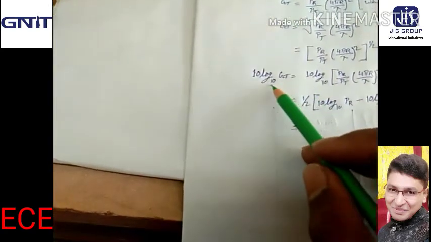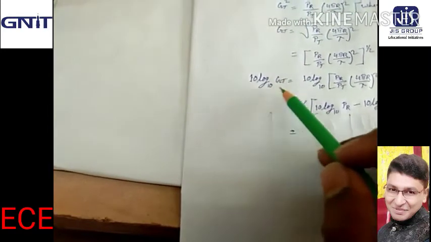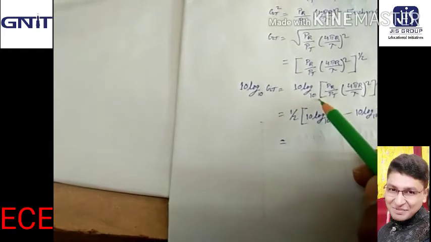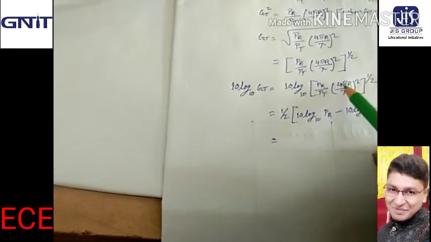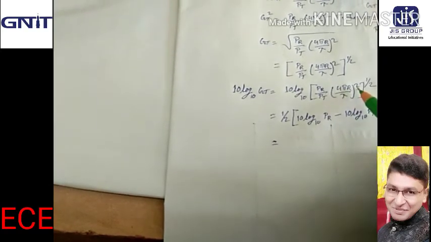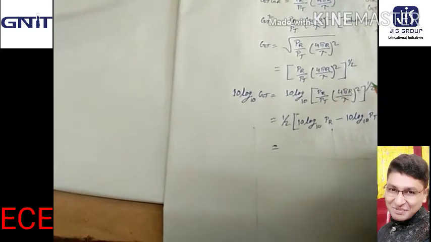Now 10 log GT equals 10 log base 10 of PR by PT into 4 pi R by lambda whole square, to the power half.